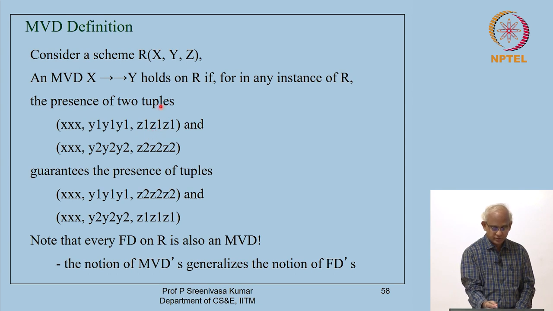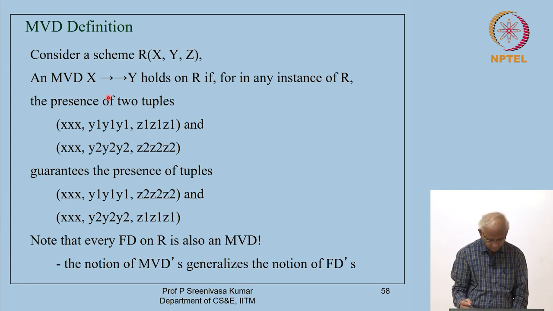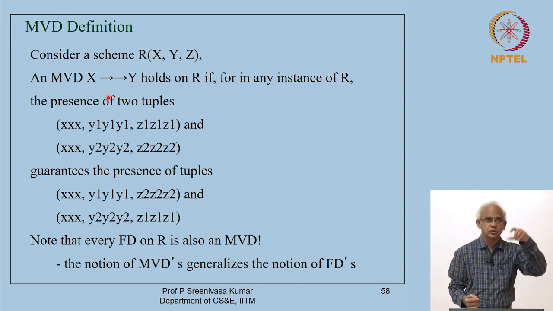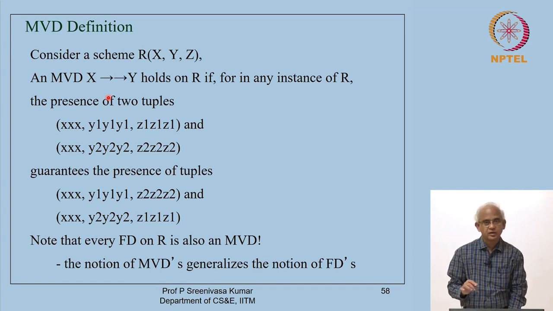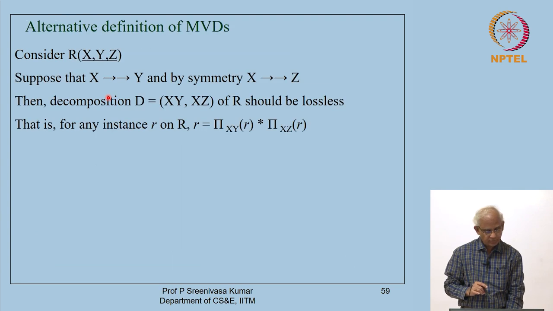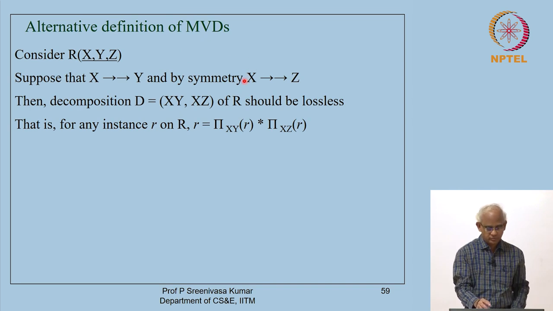So, the definition holds even if you think of it as an FD. So, MVDs further generalize the notion of functional dependencies. In a functional dependency on the right hand side you had a single value, but now you have in some sense a set of values. Okay, so that is the definition. Now, here is an alternate definition of multi-valued dependencies in terms of joins.